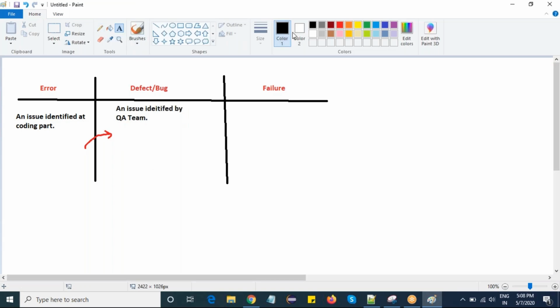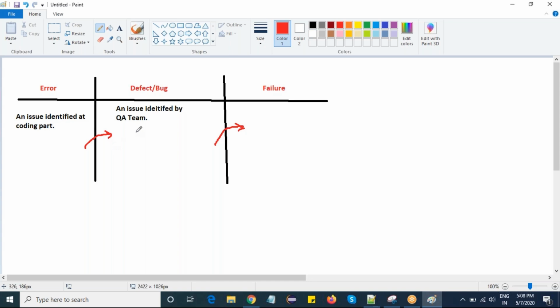Now whenever the QA team ignores that issue, that defect is moved to the next phase. The next phase is nothing but the customers. Whenever the developer ignores his issue, that issue will be caught by the QA team, and then we call it a defect.